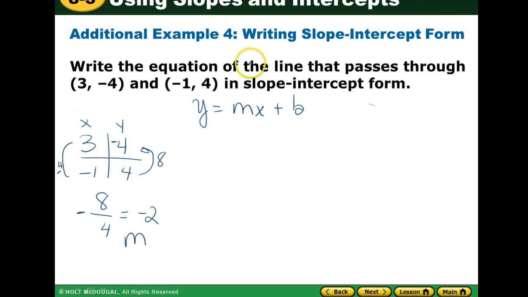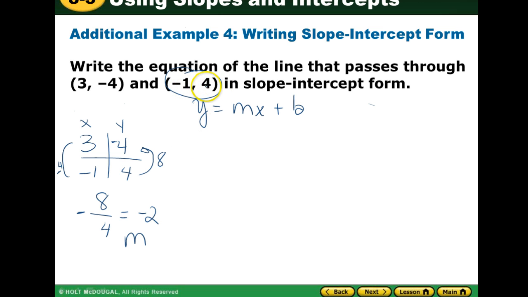So we already have our m, and m here is negative 2. Now, next thing we need is the y-intercept. Since we already know the slope, we can just use one of the points to find what b is. So I'm going to use this point because I like the negative 1, it's kind of easy to deal with.